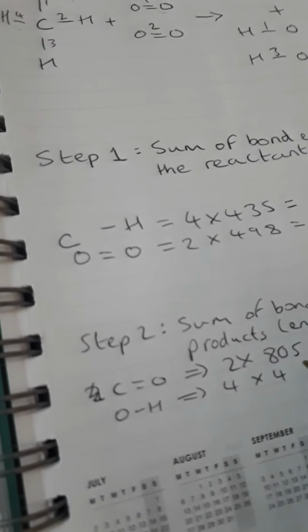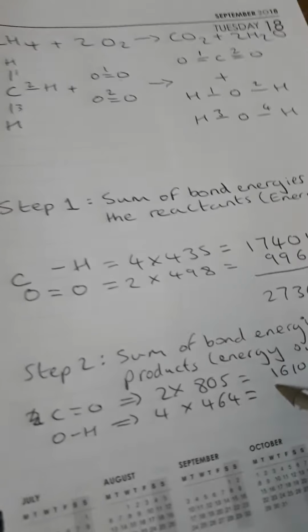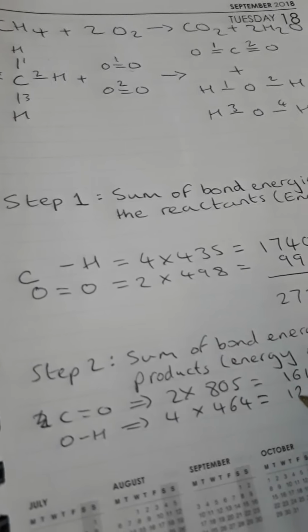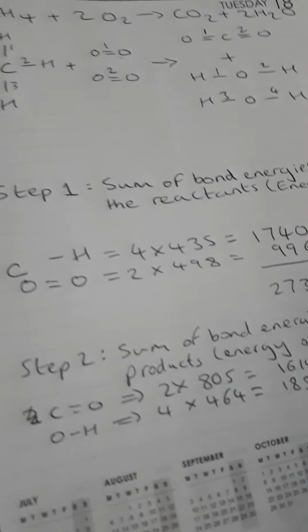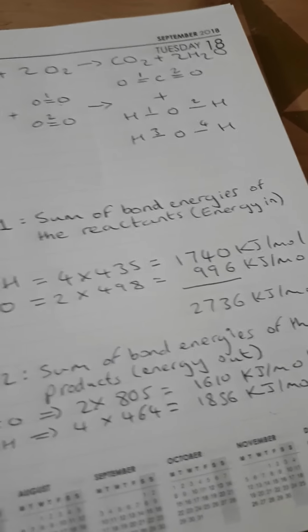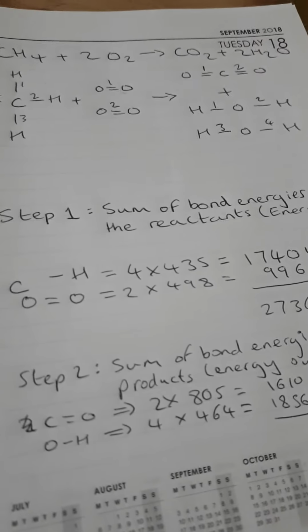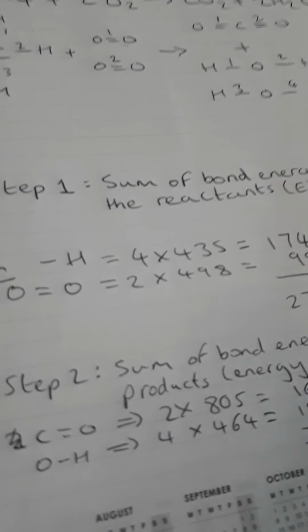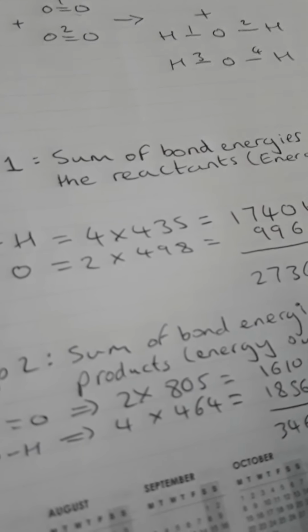So 4 times 464 equals 1,856 kilojoules per mole. Okay, and then again we total these. So we have a total of 3,466 kilojoules per mole.